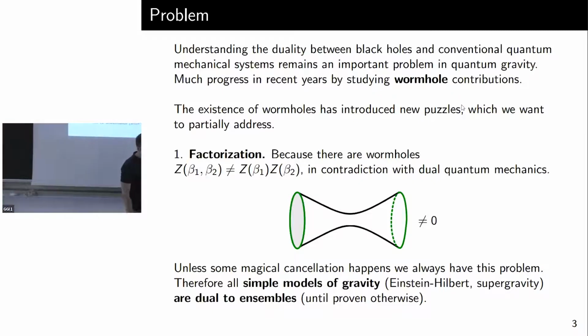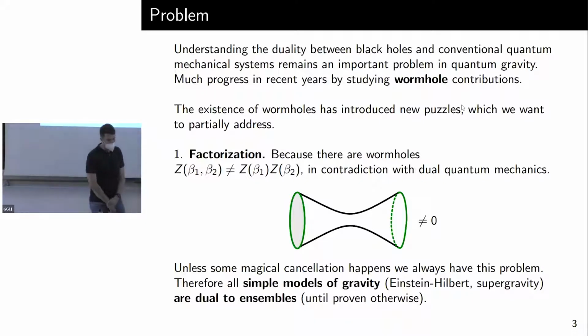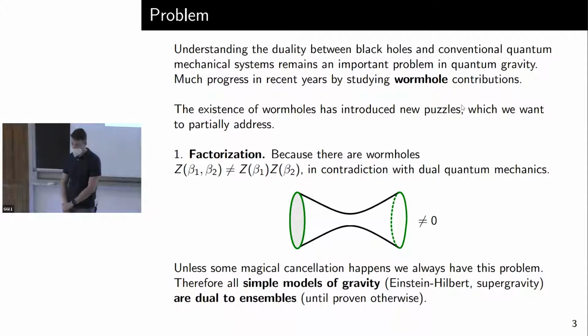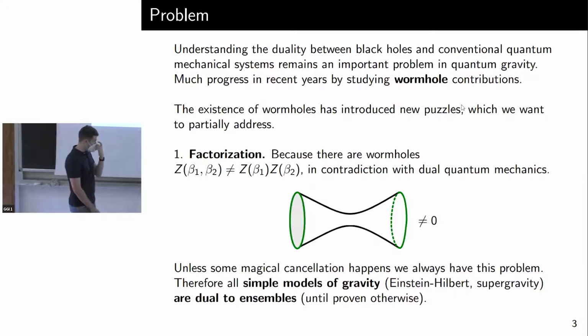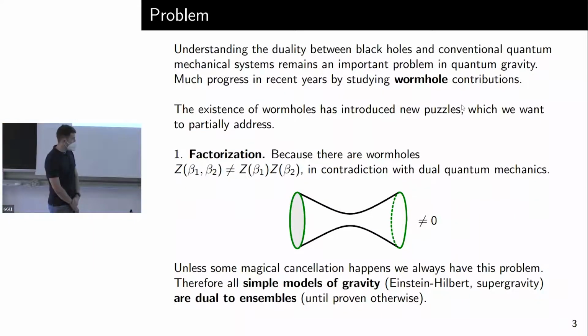And this is in tension with quantum mechanics, and it directly implies a statistical interpretation of our gravity theory, or at least when we try to write the gravity theory in a holographic context, it implies that it is dual to some sort of ensemble.